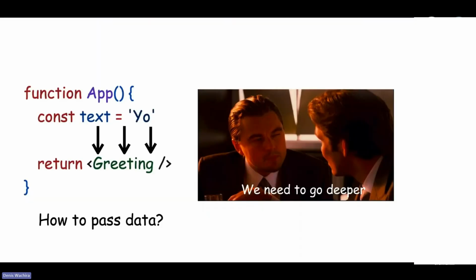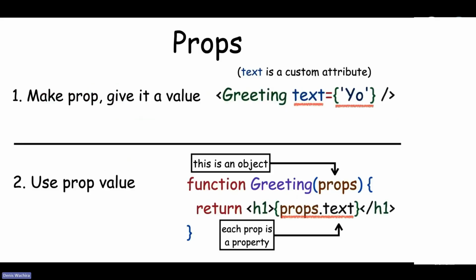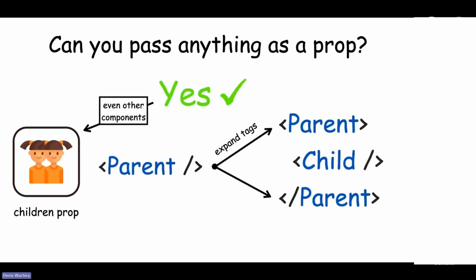So you pass a text or a property in a component, and then you return that property in that function. And we did say that you can pass anything: text, numbers, Boolean, even children or any other component like a child.